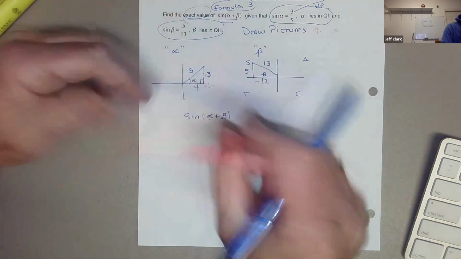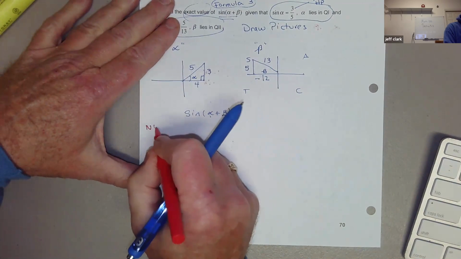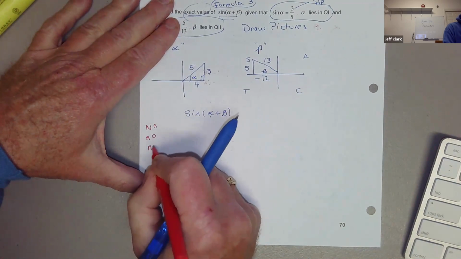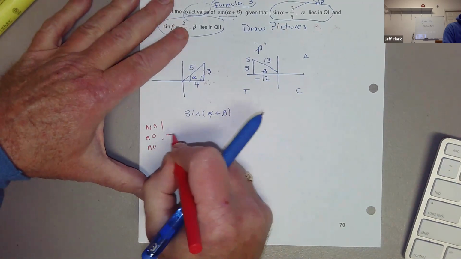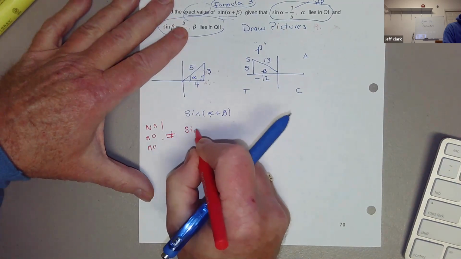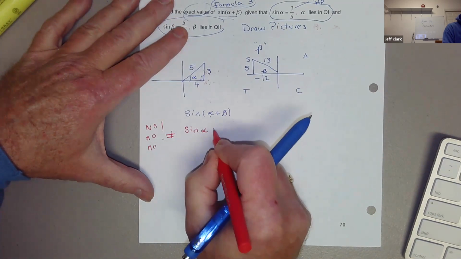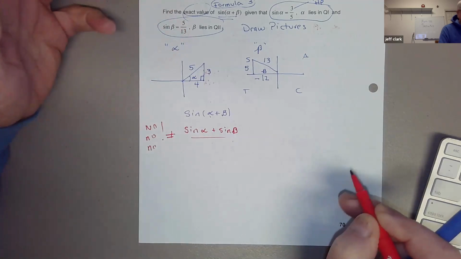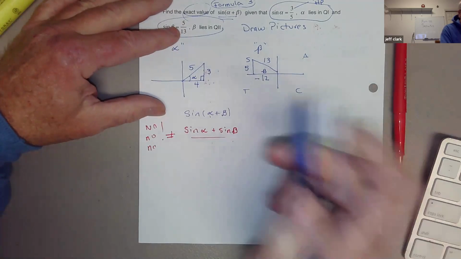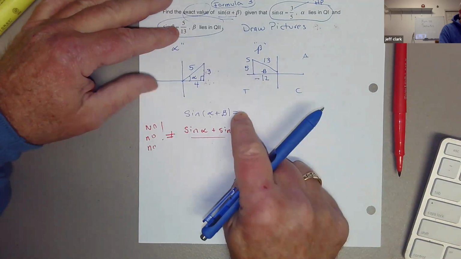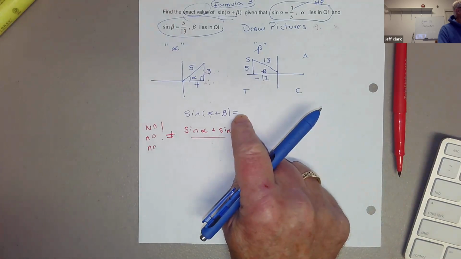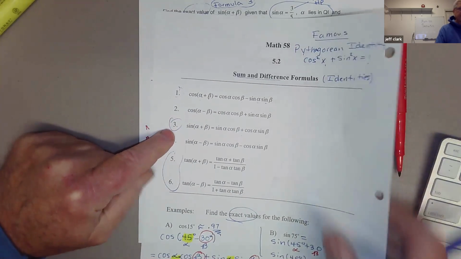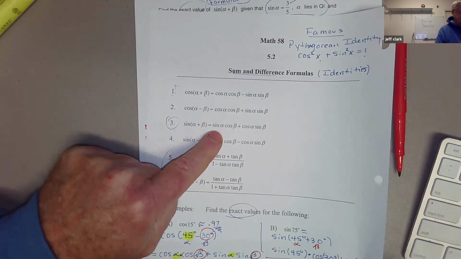No, no, no. You can't make it look like this. You can't. So don't make that mistake. What you can do is convert this into your identity, which is number 3 right there. I'll write that version to the right.